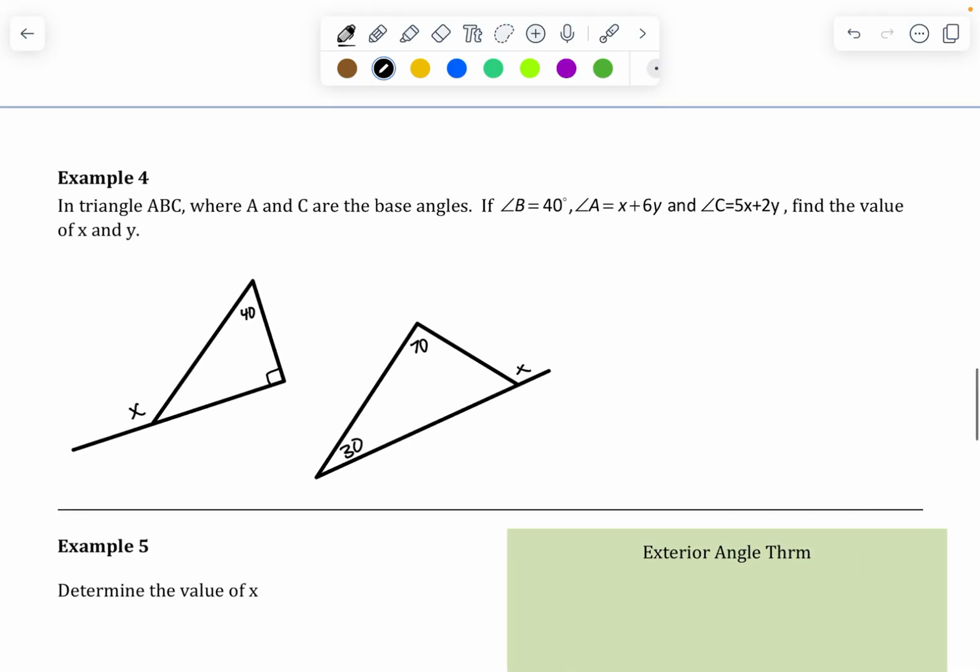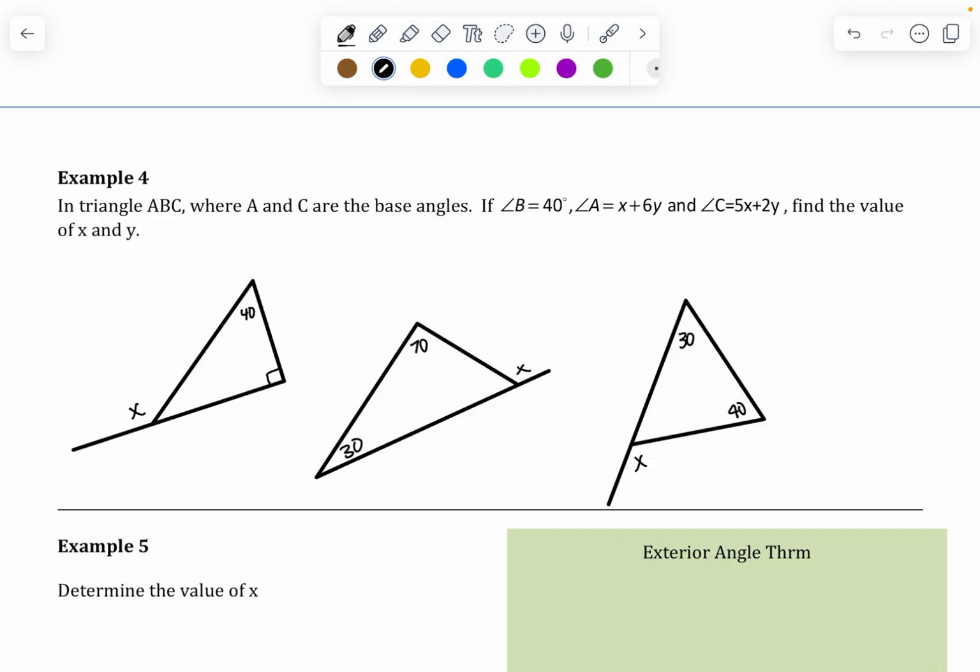Okay, and if this is 30 and 40, what's x? Take a second, pause the video, and then play it just to check your answers, and then I'm going to ask you a question.